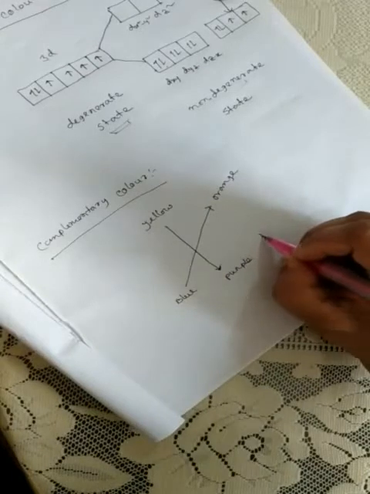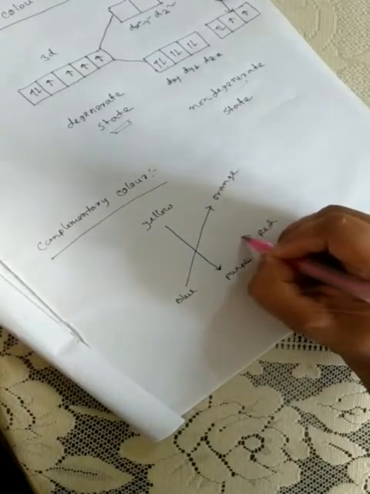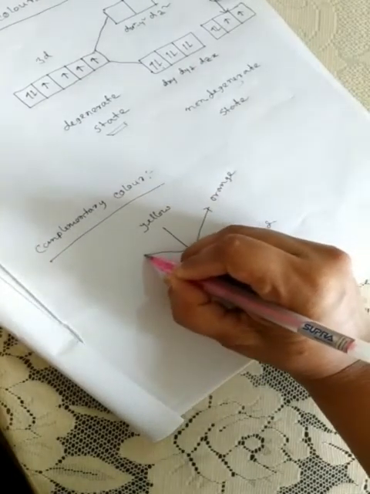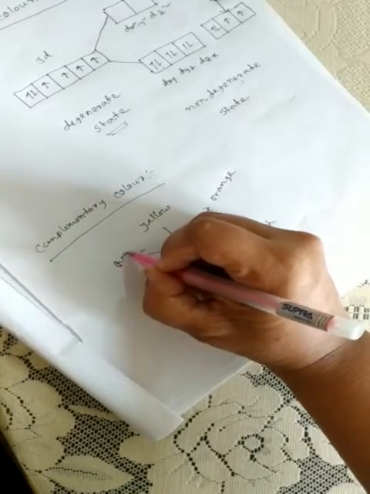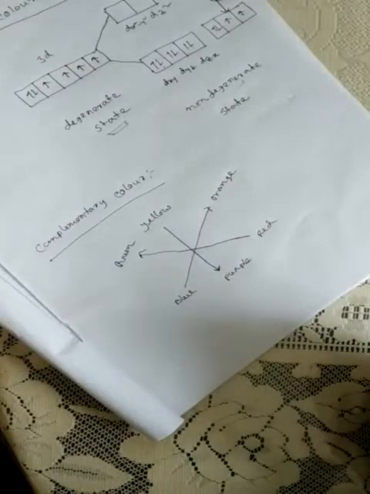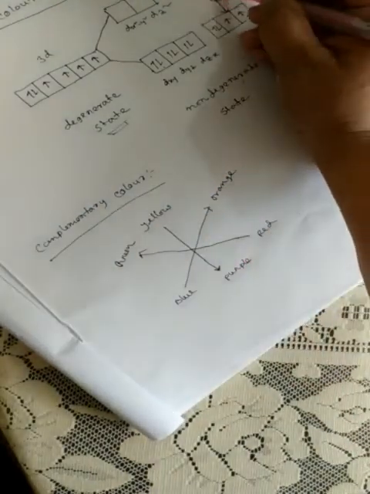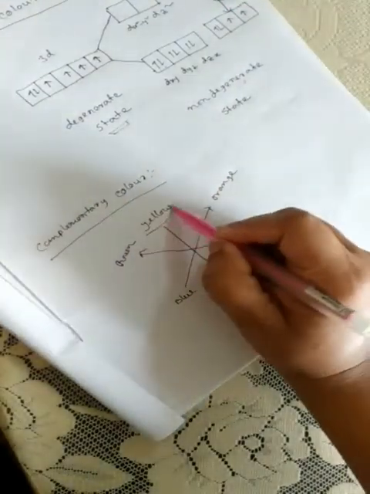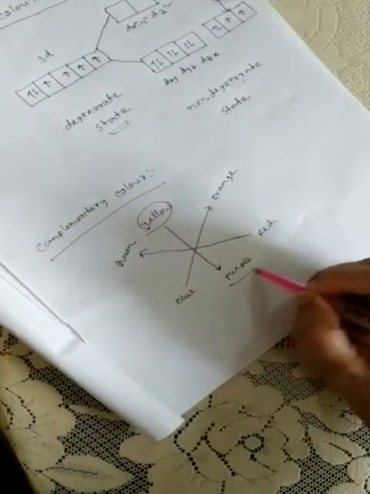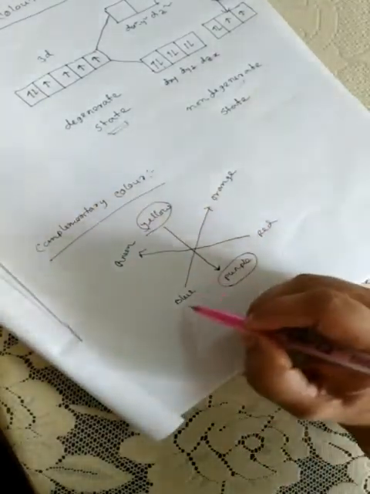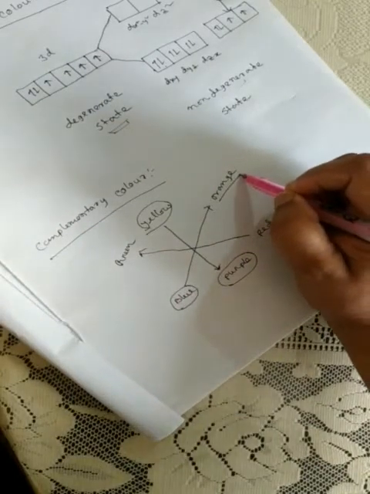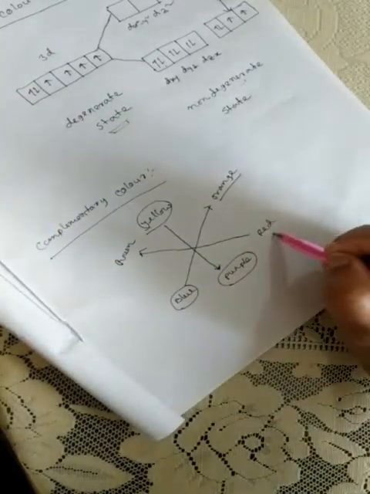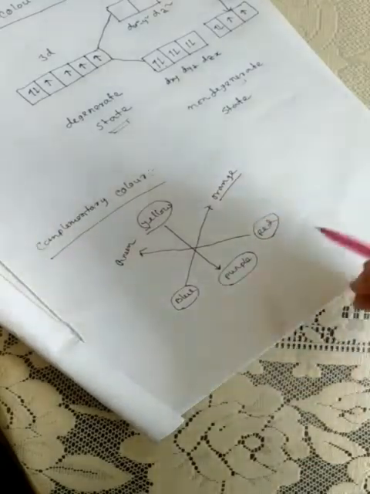If it absorbs red color, its complementary color is green. If the electron absorbs yellow color, it reflects purple color to our eye. If it absorbs blue color, it reflects orange color to our eye, and we can see the compound as orange. If it absorbs red color, we can see the compound as green.